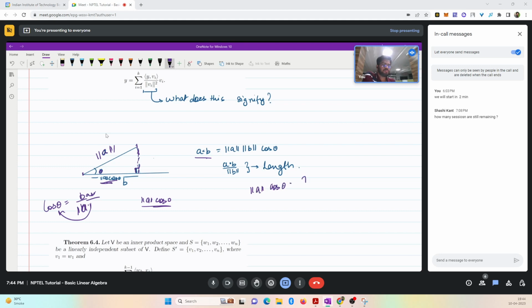We want to find it in terms of dot product.